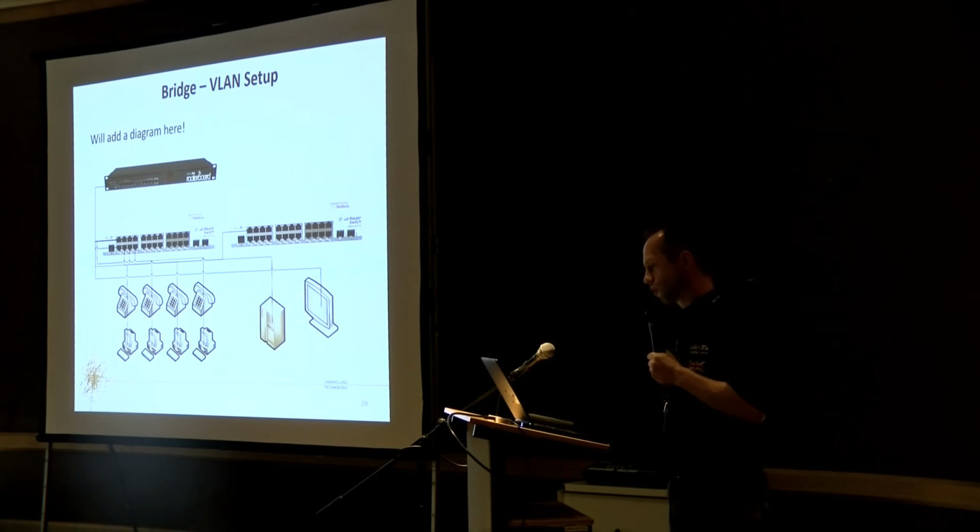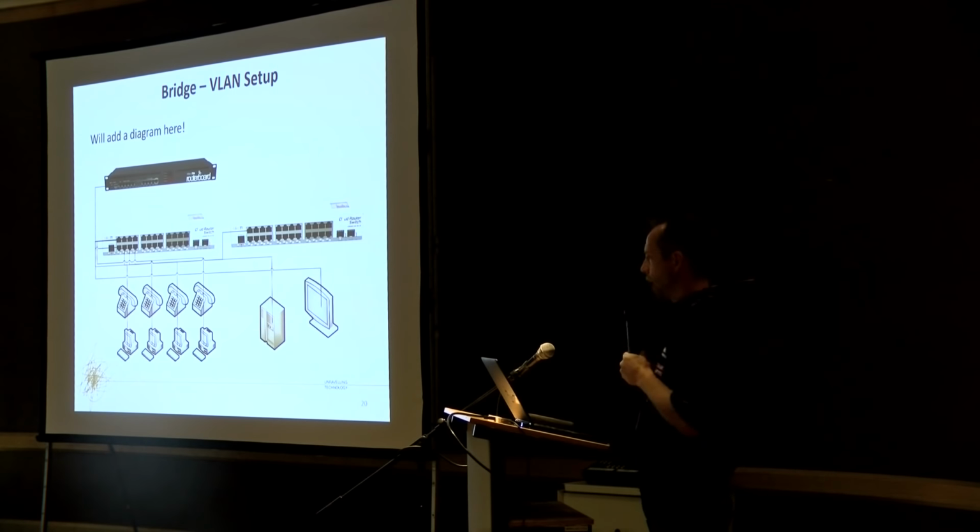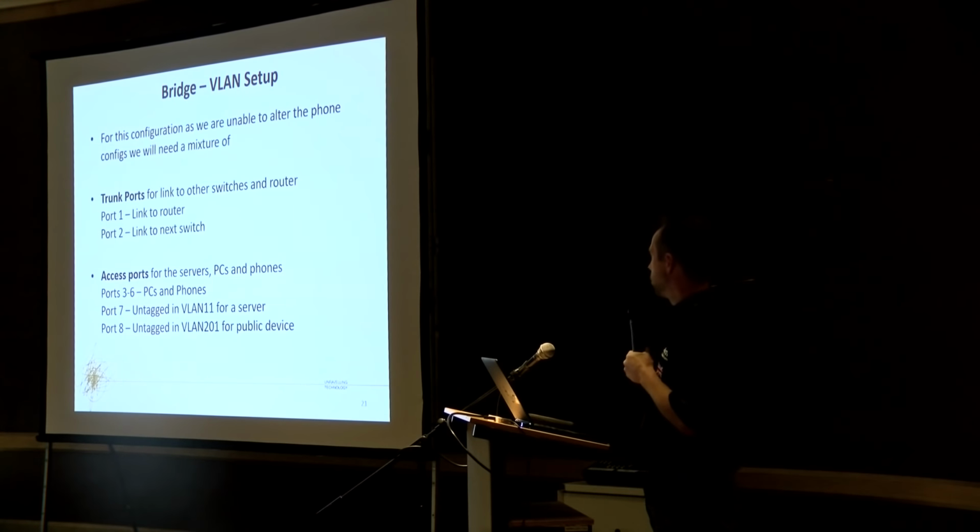And I've just used the first 8 ports, primarily to keep the configuration and the CLI short for this presentation, but obviously we would configure more ports in the real world. So on this configuration, we've configured ports 1 and 2 as uplink ports, one up to my router and one to my next switch should I have one.